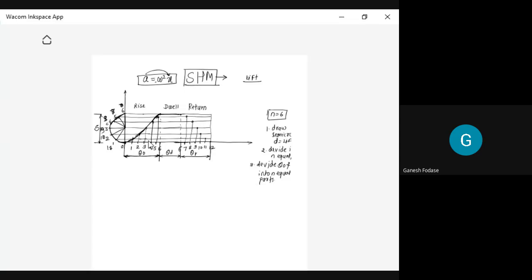During dwell it is stationary, and further, this is a smooth curve basically, not like a displacement curve of a uniform motion.